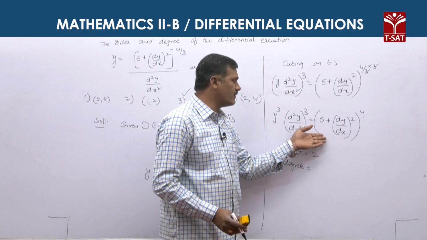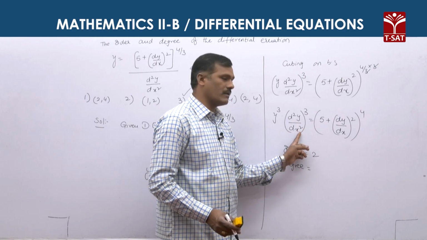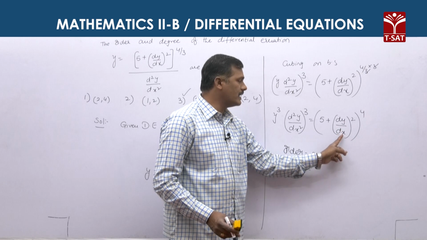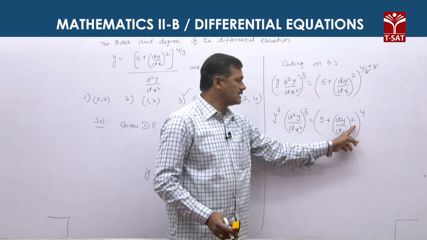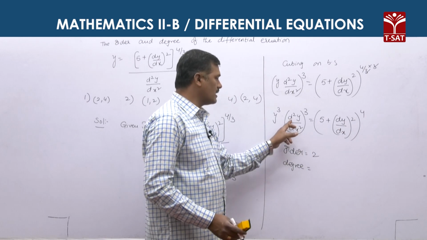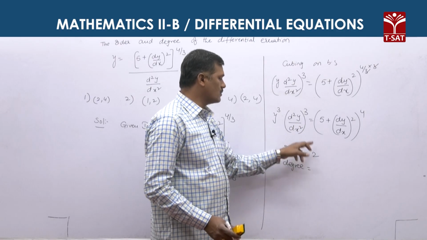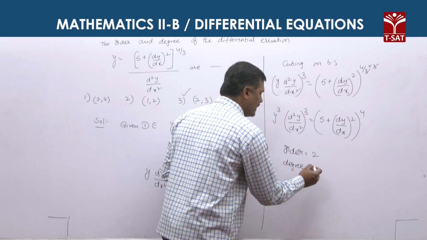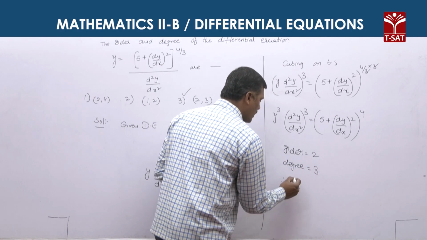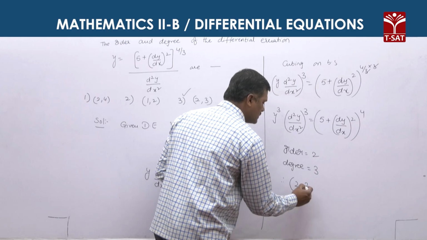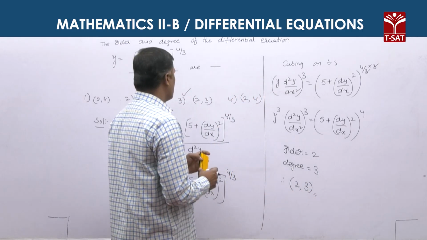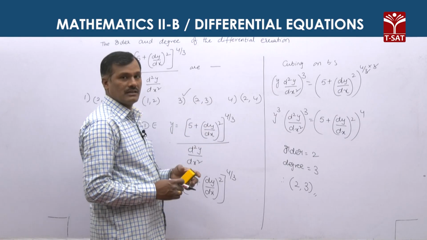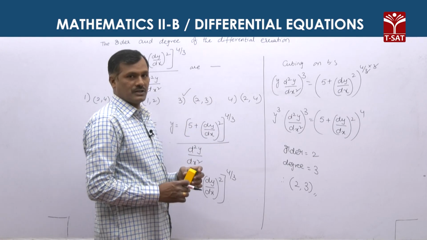In our obtained equation, d square y by dx square is the highest order derivative, because it is a second order derivative; dy by dx is the first order derivative and its power is 2. So the highest order derivative has order 2, and its degree means its exponent is 3, that is the degree is 3. Therefore order and degree are 2, 3, which is the required solution of the given differential equation. Order is 2 and degree is 3, that is the third option is the correct option.